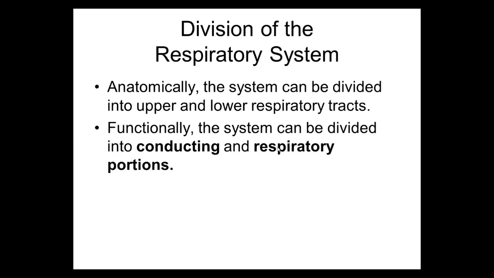So, as we said earlier, we will have the upper and lower respiratory system. Of the respiratory system, we will also have what we call the conducting system, in which there is no exchange of gases, right? So there is no major exchange of gases, let's put it this way.